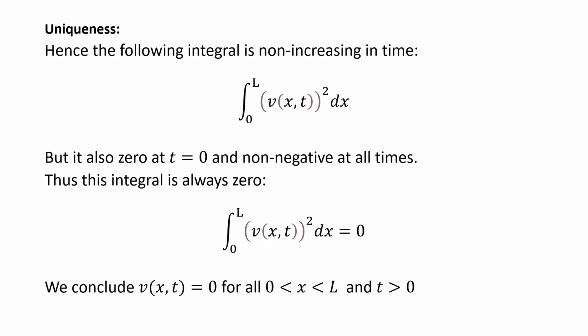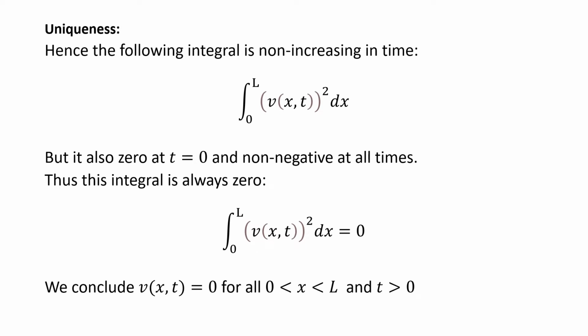So going back, since the function v is 0 at all positions and all times, that also means that the difference between u1 and u2 must be 0 at all positions and all times. That is, u1 and u2 are the same everywhere and always. And that has to be shown. So the solution obviously is unique.